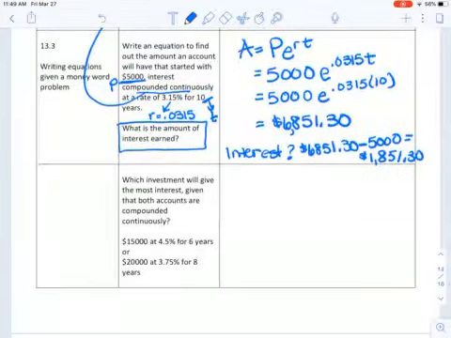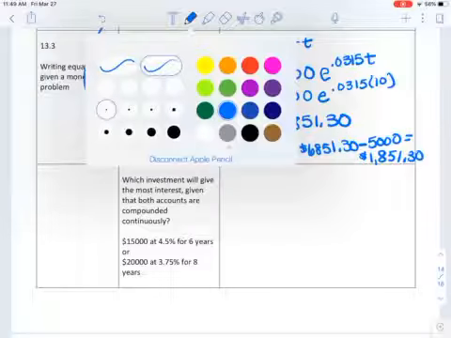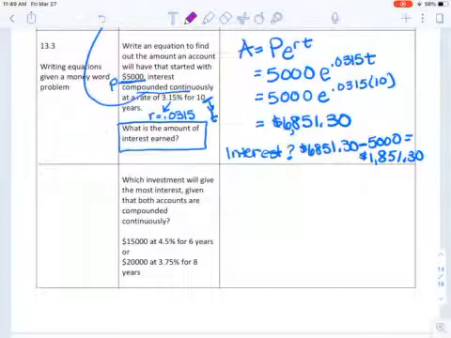Then we're going to do a comparison. And on our little comparison here, you can't always assume that having a higher amount in an account at the end meant you earned more interest, because it depends on how much money you started with. So the question here, which investment will give the most interest given that both accounts are compounded continuously?